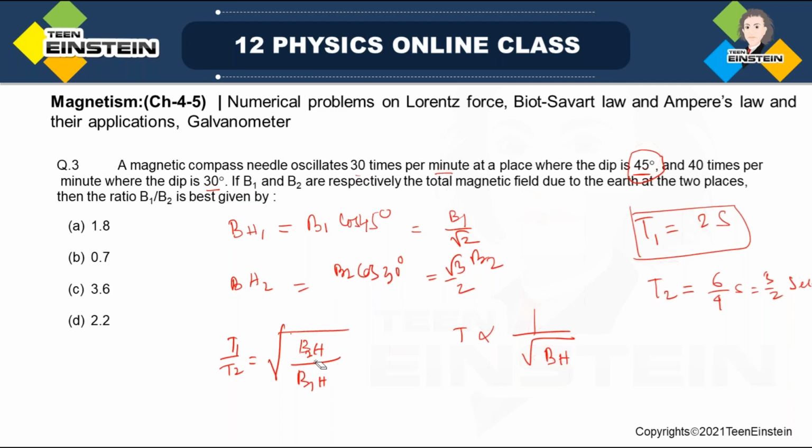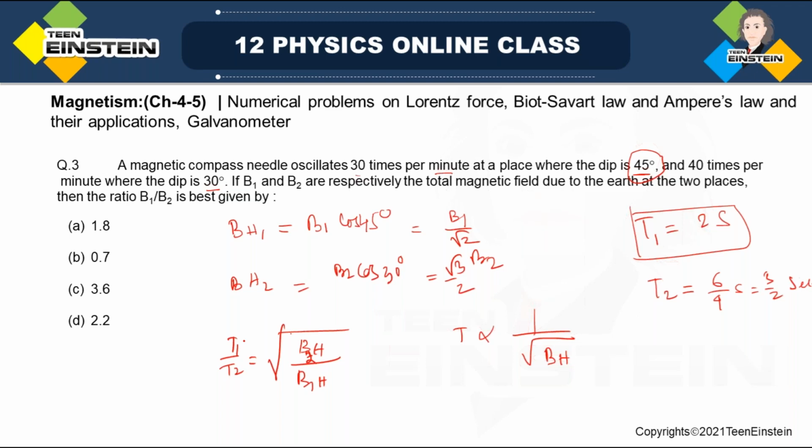So T1 by T2 is the square root of B2H divided by B1H. Now we know the values of B1H and B2H, and this we have to apply.